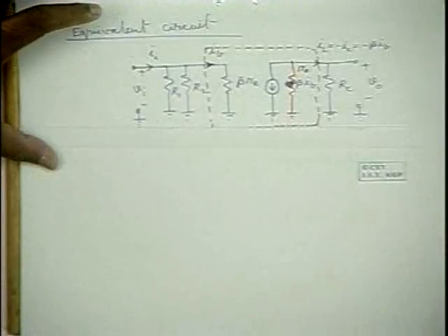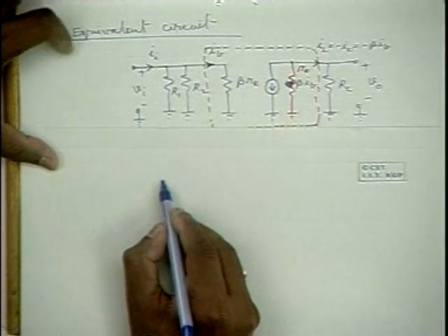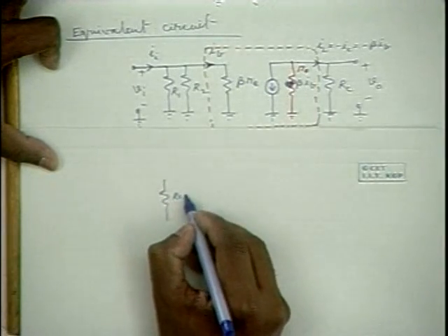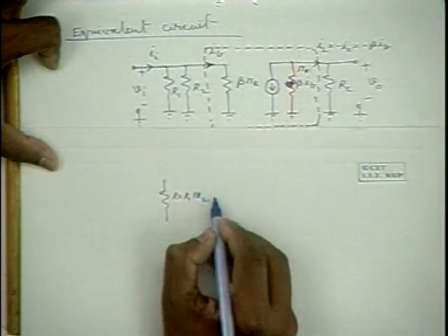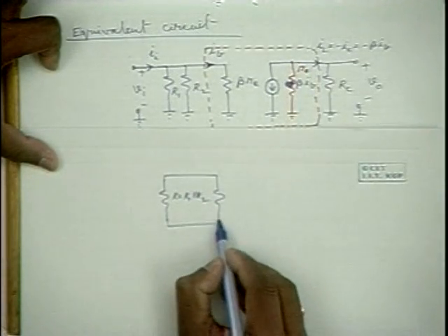Now let me solve this circuit. To simplify the circuit over here, let us replace R1 and R2 by a single resistance R, which is equal to R1 in parallel with R2, and this is beta Re.